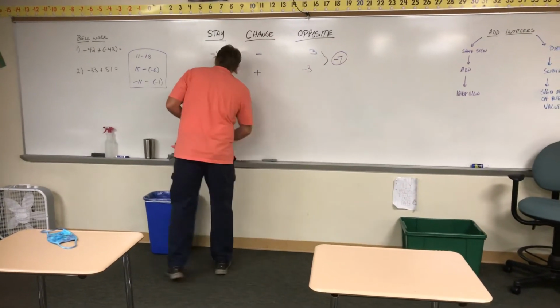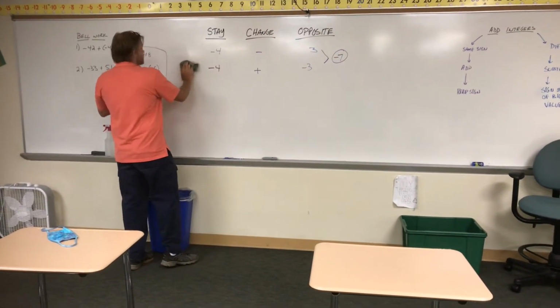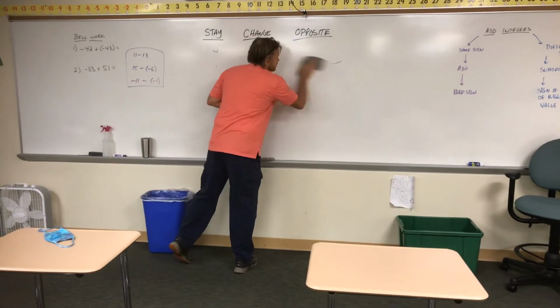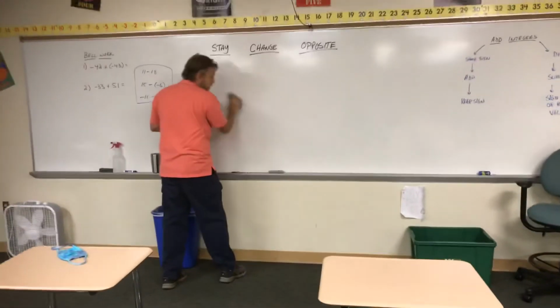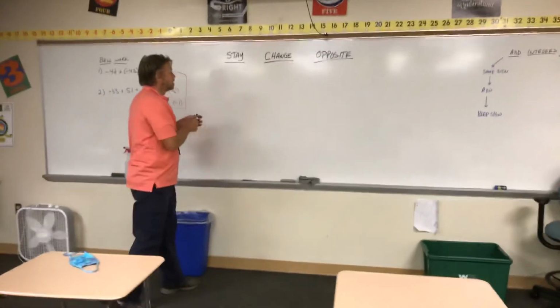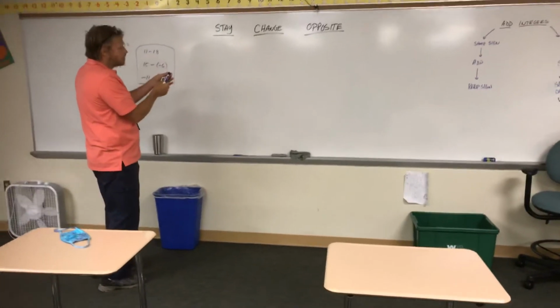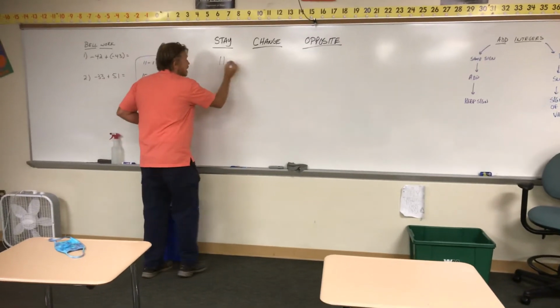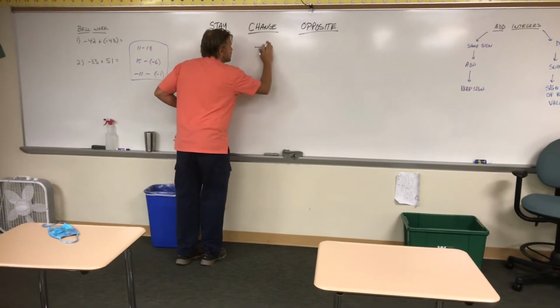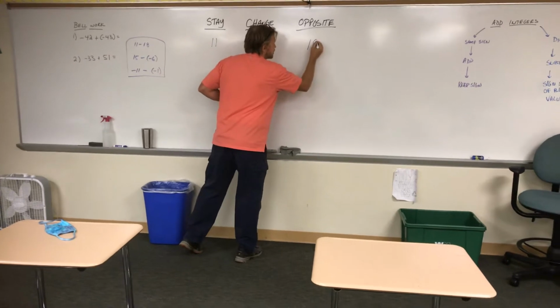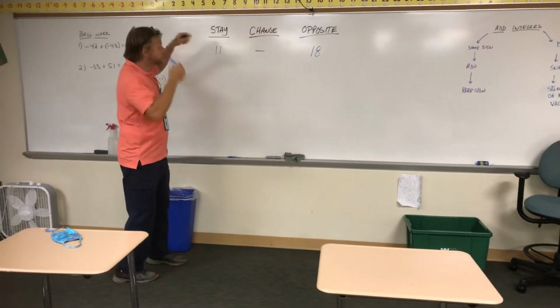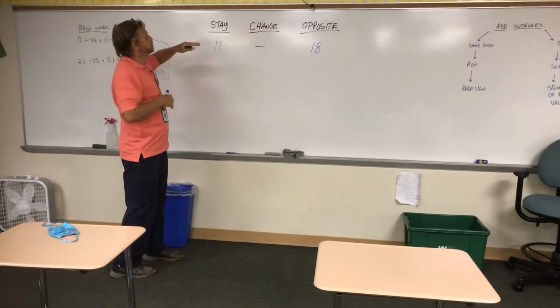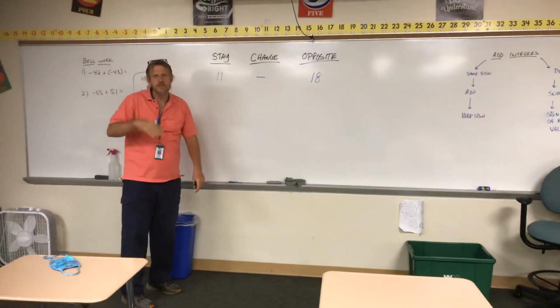Okay, so that's one type of problem. Another type of problem is this. You'll probably see all 4 of these on Khan or quizzes or whatever I give you. All I'm doing is giving you the equivalent addition problem. So now 11 minus 18. Just like in 4th and 5th grade with fractions, they told you keep it, change it.